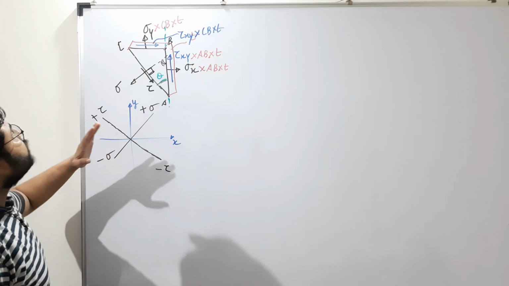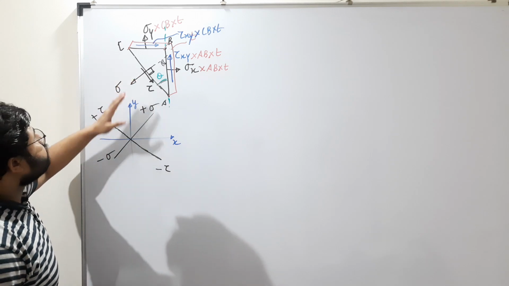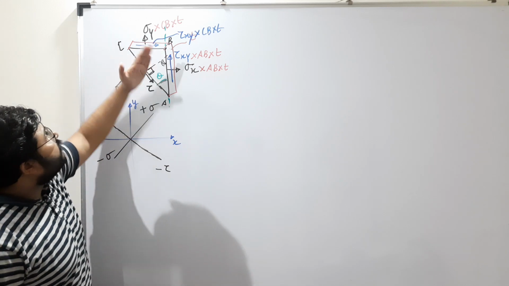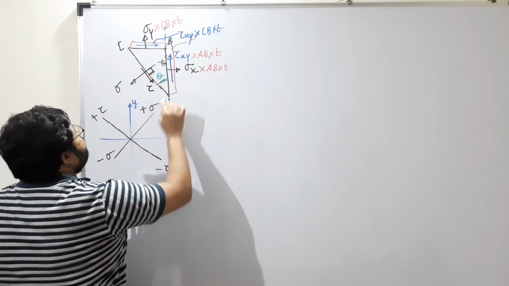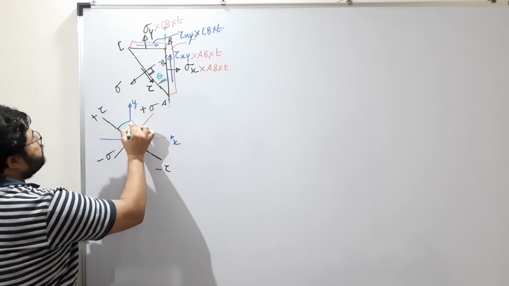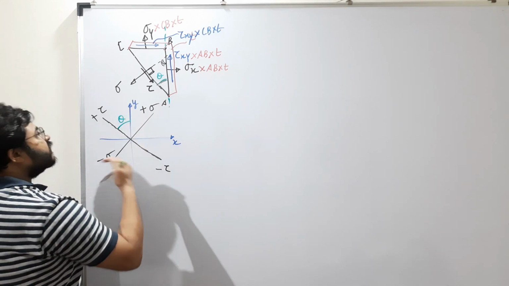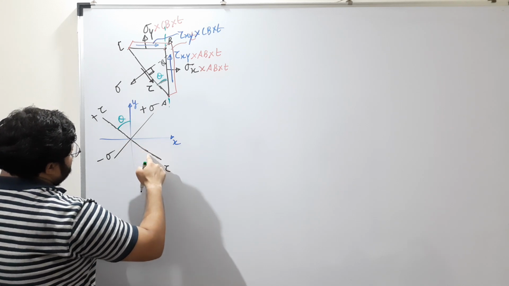So this sigma, how much angle is it making with the vertical? The sigma axis, how much, or if you can see this axis, this is the tau axis and this is vertical theta. So simply you can just write here, this is the y-axis, this is the sigma axis, this must be theta. All other angles will be theta. So what other angle can you write theta? This and this.